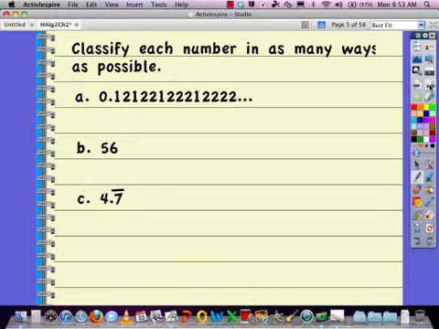B is such and such type of number, belongs in this set of numbers. C, same thing. So naming all the possible names or number sets that these go into. And again, we'll be talking more about this during class and going back through it if you have some questions. But those are typical types of questions that you want to look for and look at.